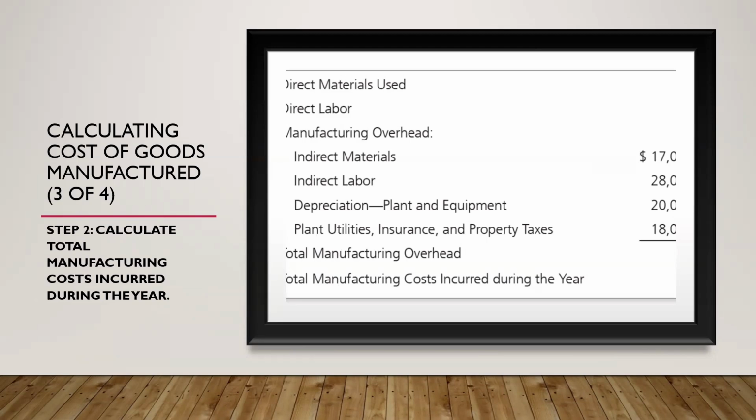Then the company's manufacturing overhead includes indirect materials of $17,000. The indirect labor is supposed to be $28,000. Then you have the depreciation on the plant and equipment at $20,000. And then you have plant utilities, insurance, and property taxes, $18,000.